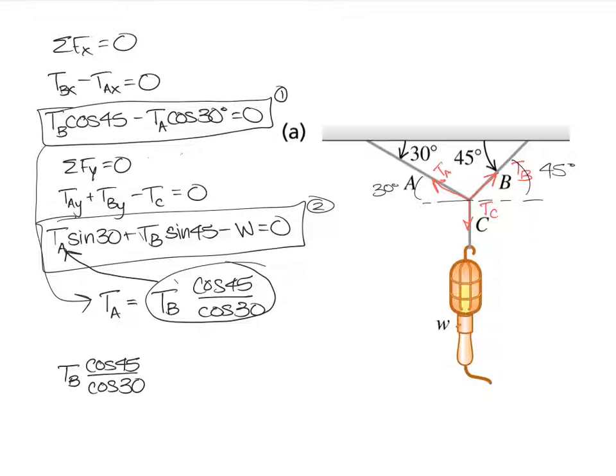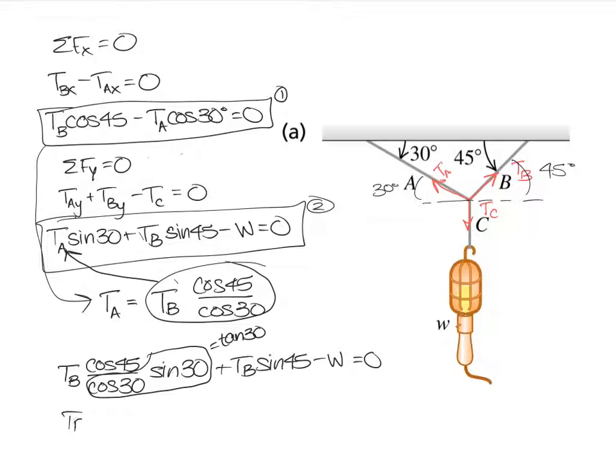So that's T sub A, and then times the sine of 30, plus T sub B sine of 45, minus W, equals 0. I notice that this is equal to the tangent of 30 because it's the sine over the cosine.